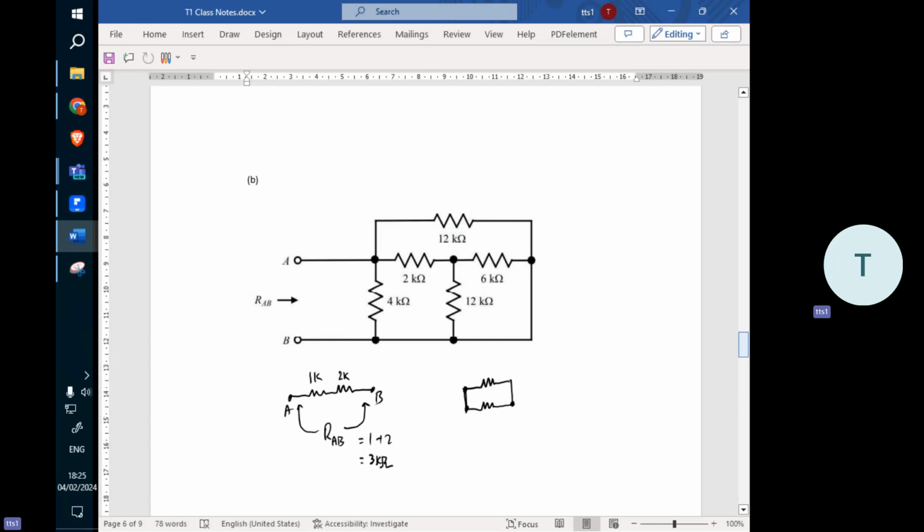This node is the same as this node, but this node does not share with this node. We have 3 nodes here, 2 components. That's why this one is called a series.